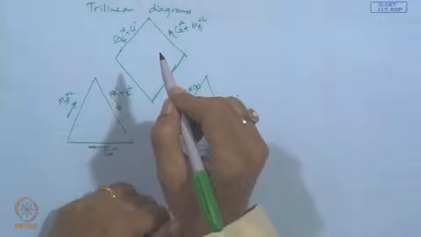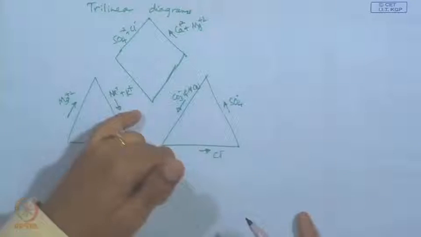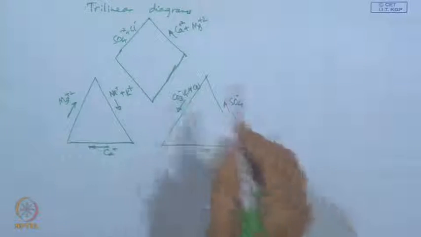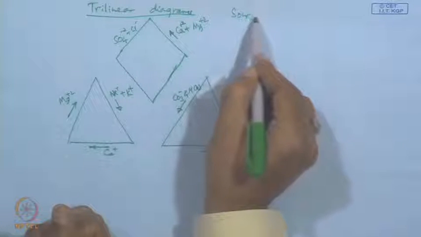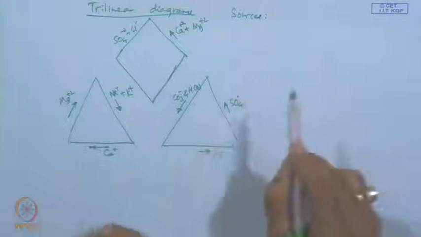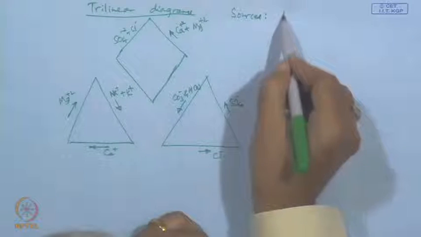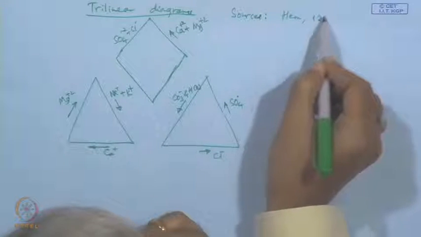So, this is a trilinear diagram, taken again from the same source, Hem in 1970.